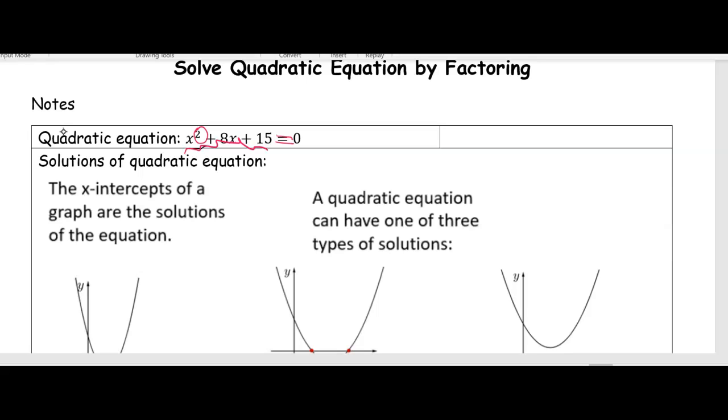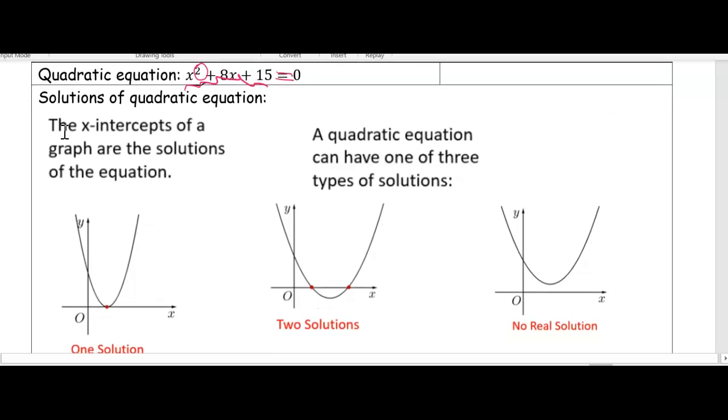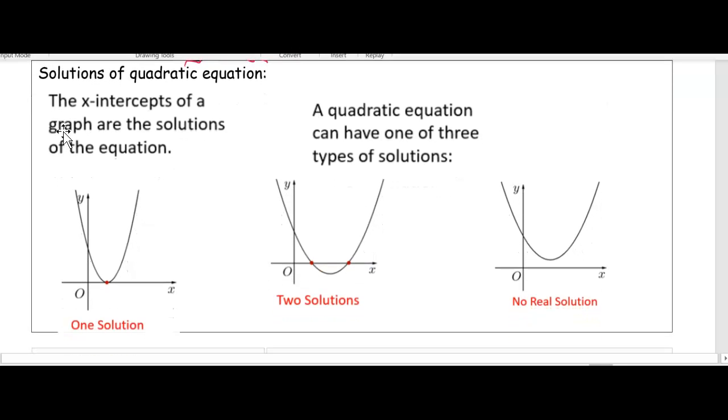A quadratic equation can have one of three types of solutions. Okay, so here you have a quadratic function representing a quadratic equation, and the solution is where the quadratic function touches the x-axis.